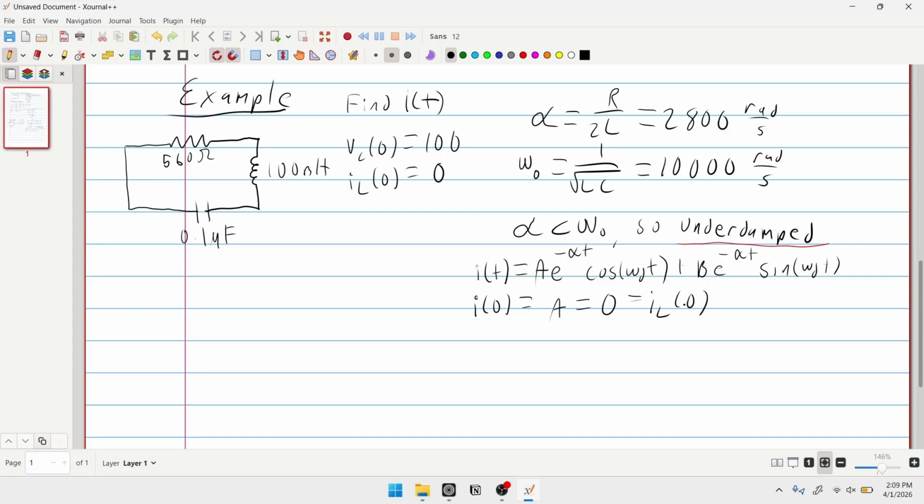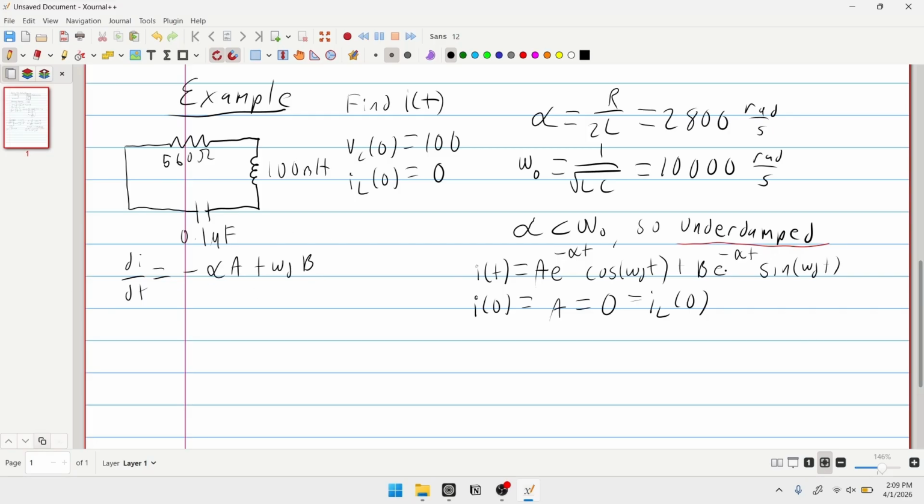Now we need to find our second equation for B. I'm going to start by differentiating both sides. There's a lot of math and algebra with all the product rules, so I'm just going to give you the form. We have negative alpha A plus damped B. So this is the form.